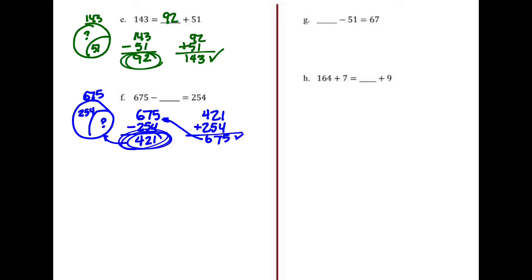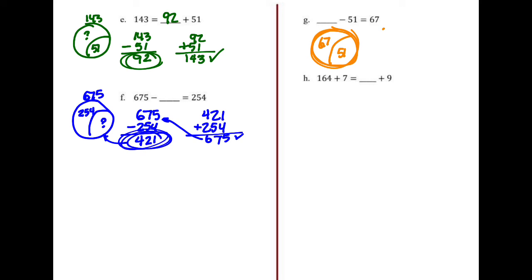On G, we have some number minus 51 equals 67. So we have a larger number minus a small number gives us a smallish number. We're looking for the big number, and then we subtract 51 from it, and we get 67. So we're looking for the whole thing, aren't we?